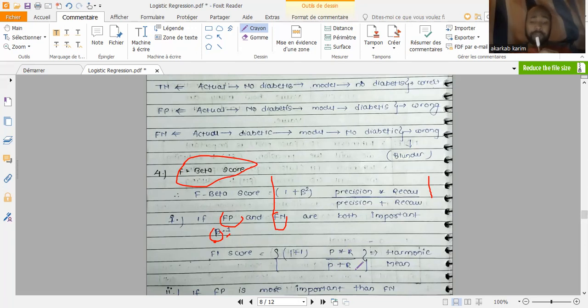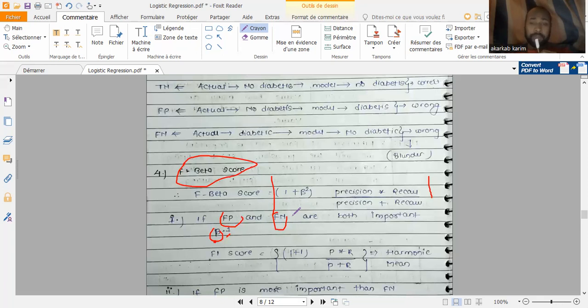So we can face some scenarios where we need to consider both precision and recall. For example, if I tell you tomorrow the markets will crash, both industry and traders are affected.